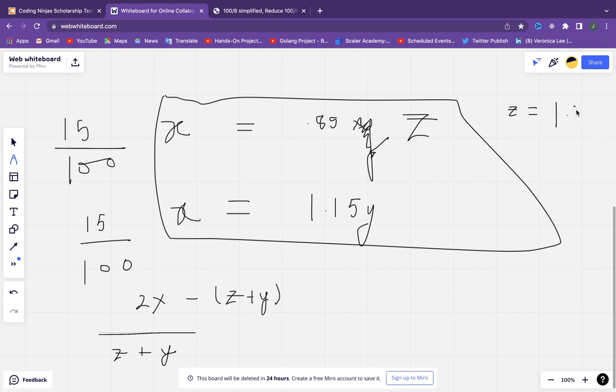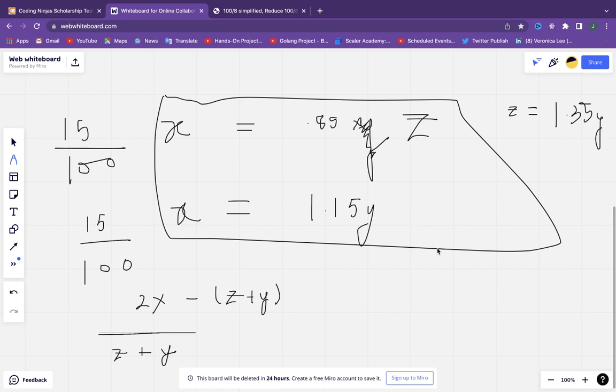So 1.35 Y, which is weird because it cannot be this much. How can Z be greater than Y? Okay, maybe it can be.